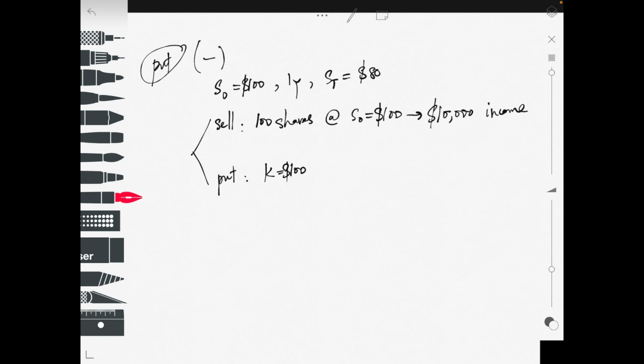However, you need to wait 1 year to receive $10,000. It's not today. It's different from selling directly in the spot market, where you can get the money immediately. But here it is 1 year later.